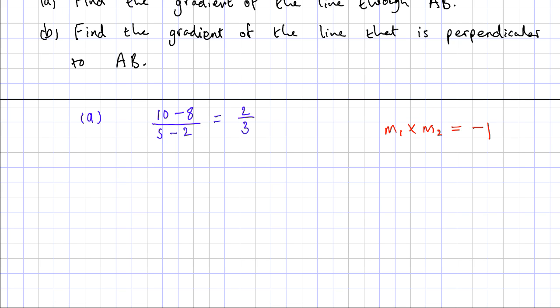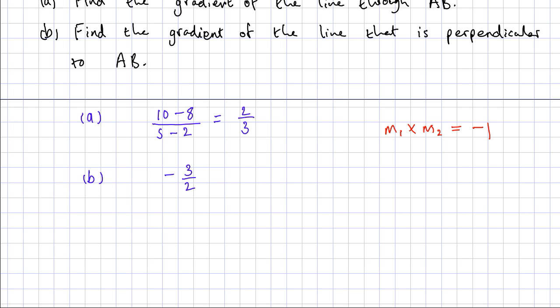So for my AB, I have 2 over 3, and I need to multiply it by something to get me -1. So that would be the negative reciprocal of 2 over 3, which is just -3 over 2.